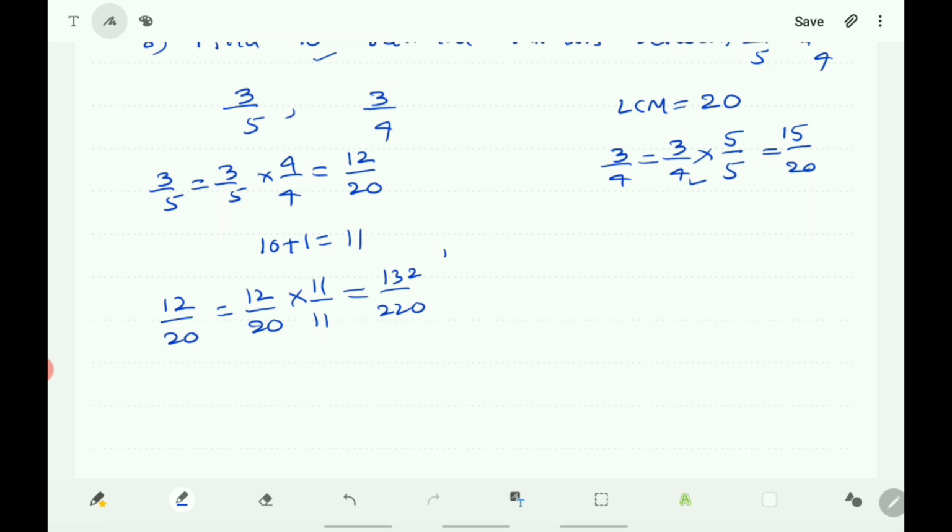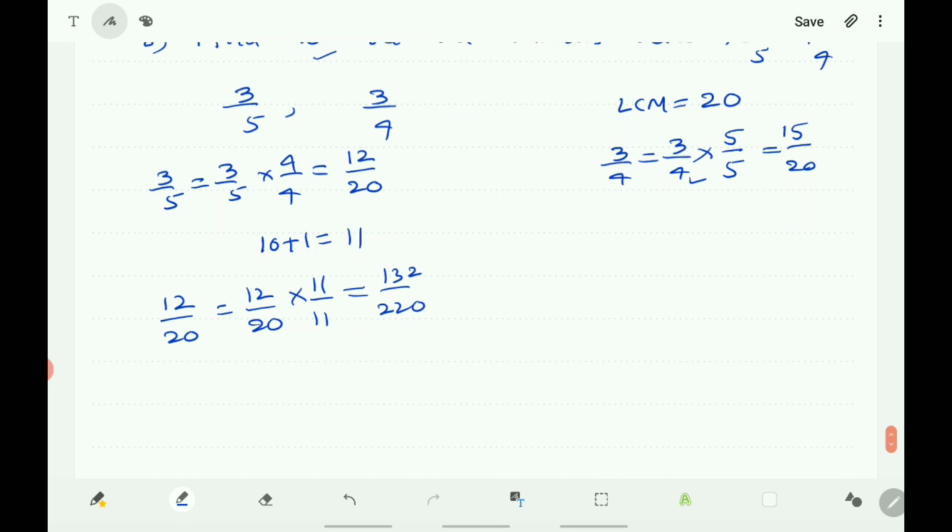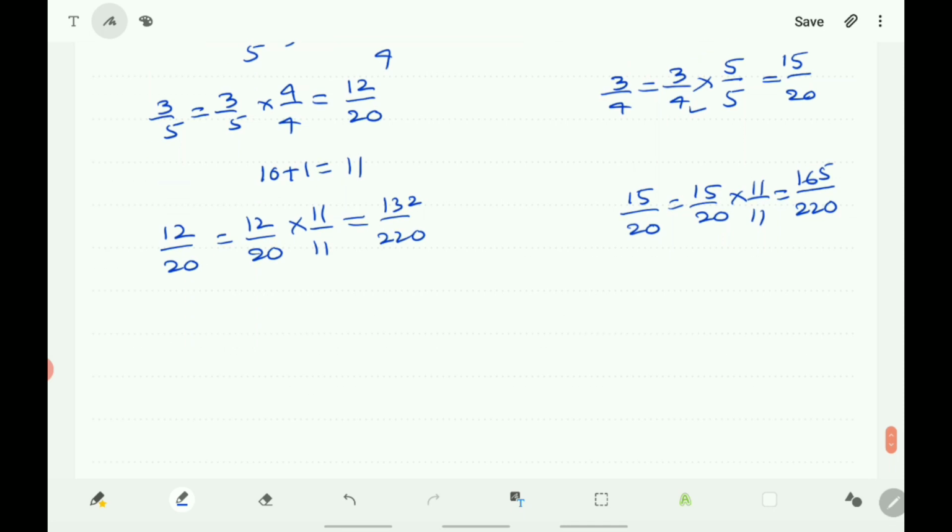Next here it is 15 by 20, that is equals to 15 by 20 into 11 by 11, then it is again 220, then it is 165. That is 165 it is.